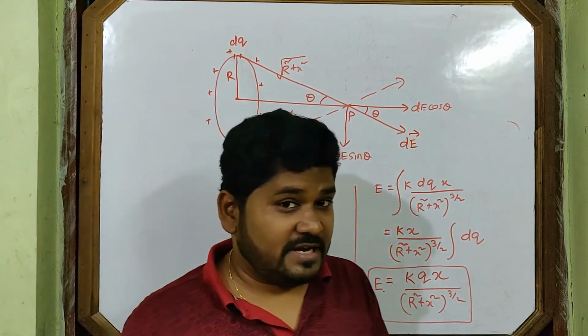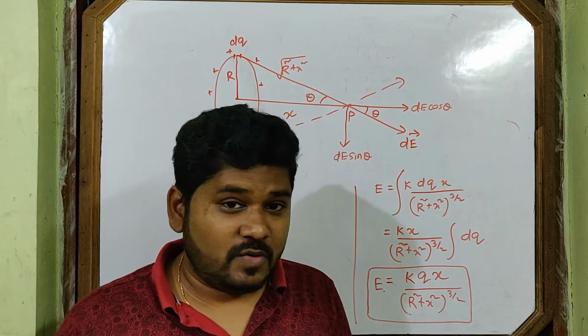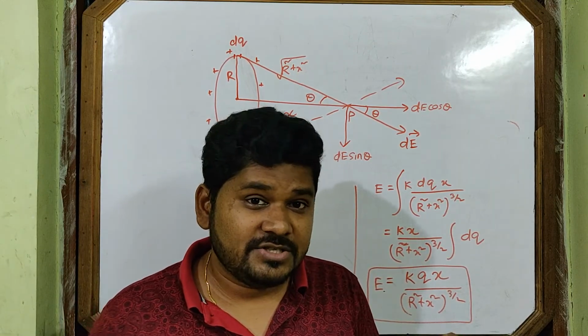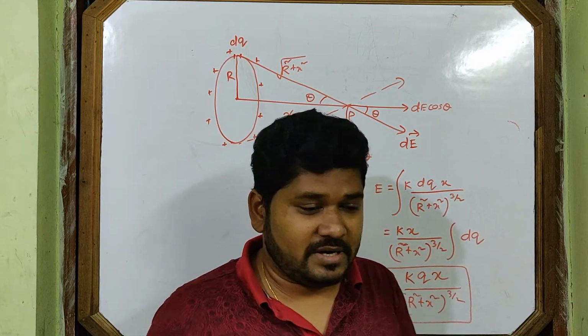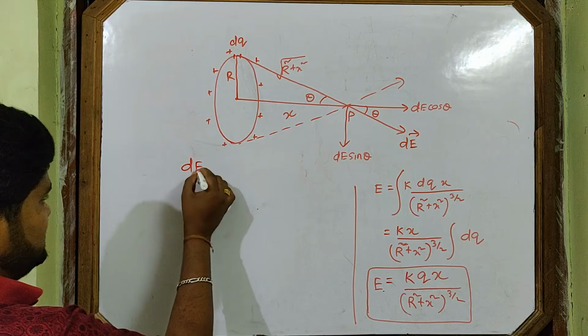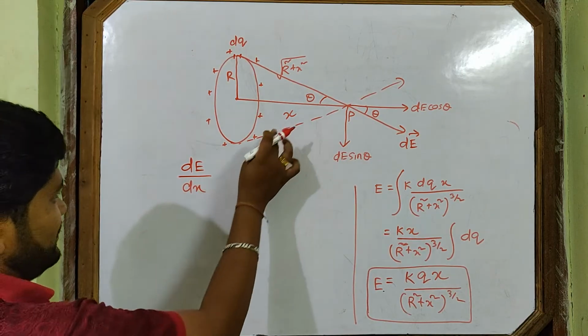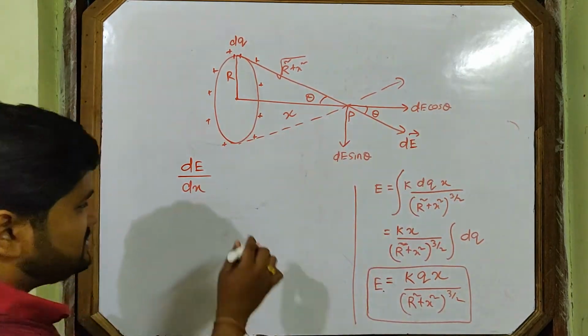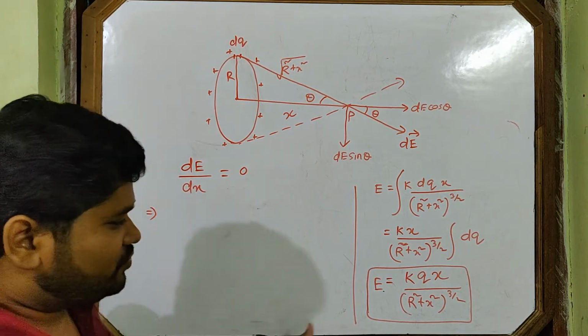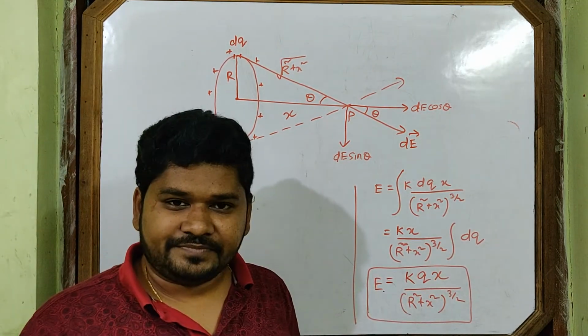I have told you one concept: a quantity will be maximum if its derivative is 0. Remember this. If derivative is 0, it means dE by dx, where x is the variable because we are changing x. So dE by dx is equal to 0. You have to do the differentiation of this.